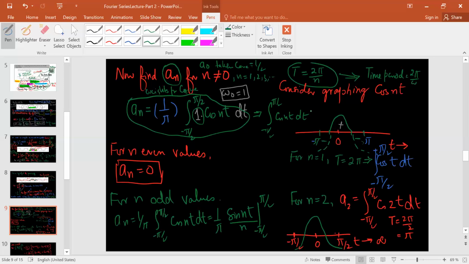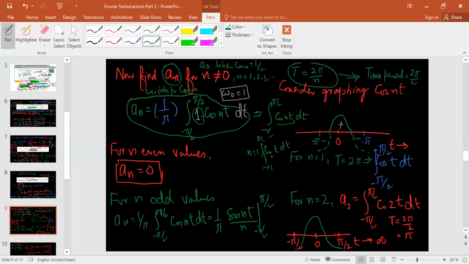Okay, great. Now for this one, I need to draw the cosine, so I need to know the period. Let's say I first pick n equal to 1, then I will get cosine t, and I'm integrating it between minus pi by 2 to plus pi by 2 dt.